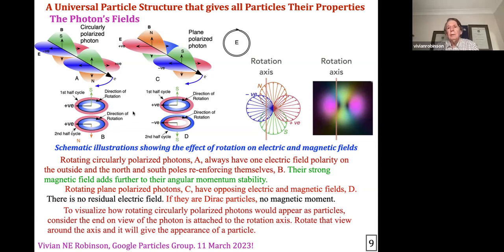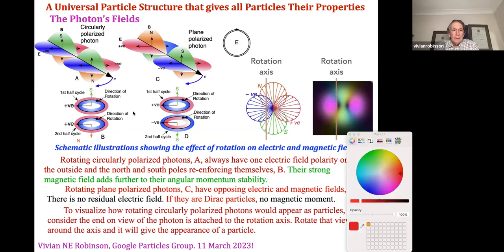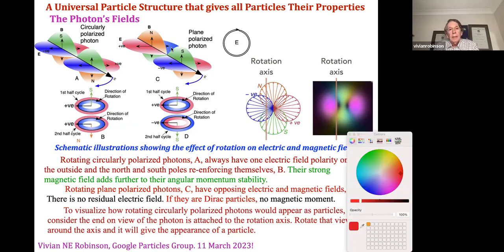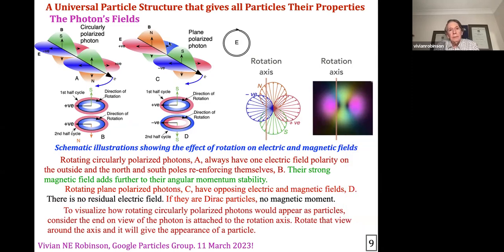And that closed loop gives extra stability to rotating circularly polarized photons than it does to rotating plane polarized photons. Now, if we look at a case of rotating plane polarized photons, the polarities of the field swap. So in the first half of a plane polarized photon, we'll have, say, the positive field on the outside.